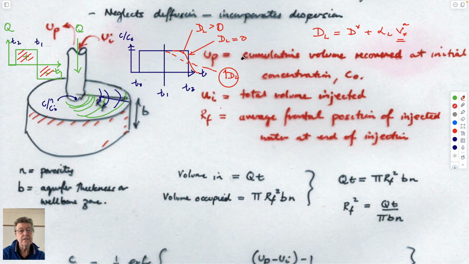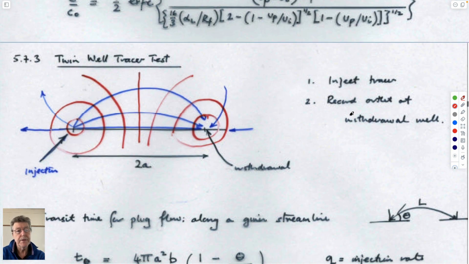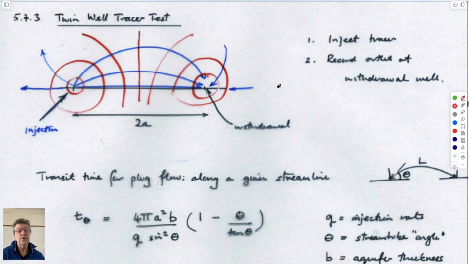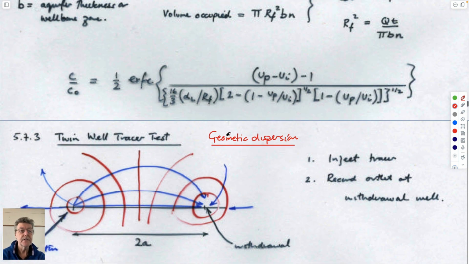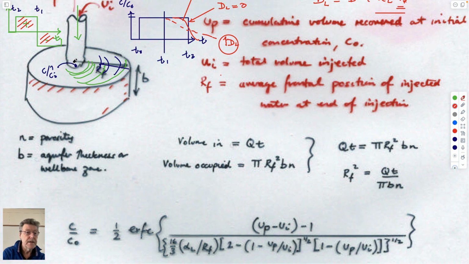The other effect that doesn't allow you to get a very good result for this longitudinal dispersion is because it has maybe what we could call geometric dispersion. So if you look at the flow regime here, and you flow out to this outer boundary, then if you have two particles of water that are right next door to each other, they'll start very close, but they will spread as they get further out.